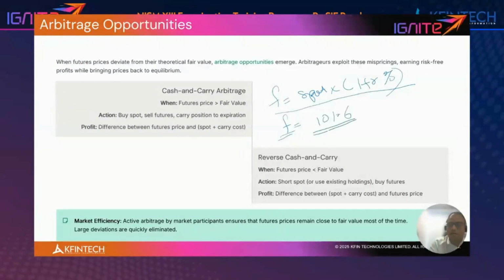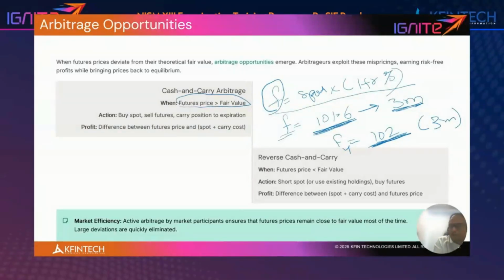So this should be the actual futures value in 3 months. But the 3 month futures is trading at 102, for example. That means the actual formula based pricing is 101.6, but the actual market is quoting 102. That means the futures price is greater than the fair value.